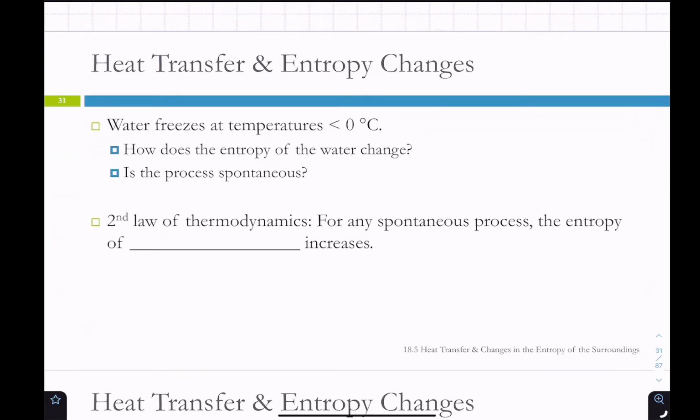And that's because for any spontaneous process, the entropy of the universe increases. So far, we've only really talked about the entropy of our system or our reaction itself. But that's not in a vacuum. Any change in our reaction has to have an effect on its surroundings.